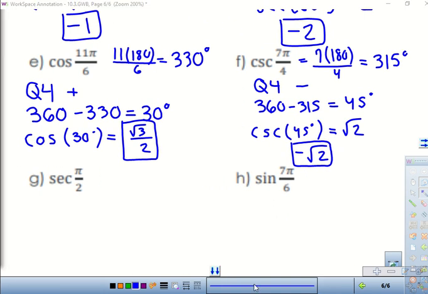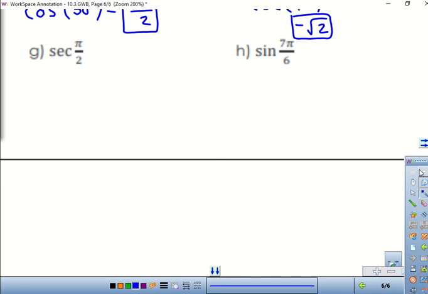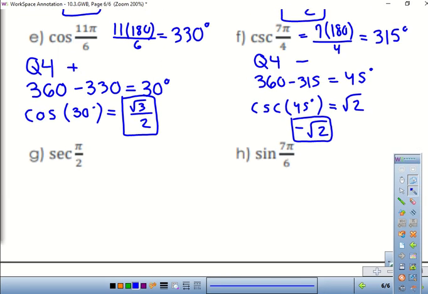So the last two we're going to look at. Secant of pi over 2, that's the same thing as secant of 90. Now you're going to notice that that is not on the chart, is it? But it is on the unit circle, right? 90. So go ahead and look at your unit circle.